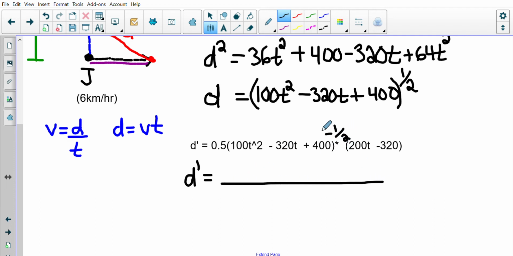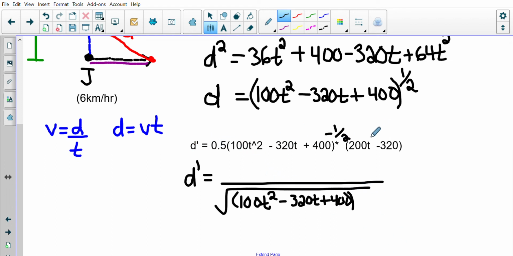Again, negative exponent, I'm going to put it in the denominator. So there it is. The negative sign puts it in the denominator, and the 1/2 means it's a square root. All right, so I've taken care of that part.